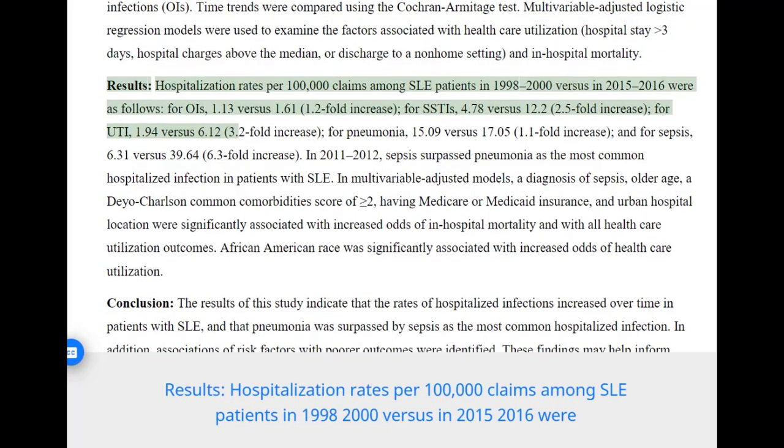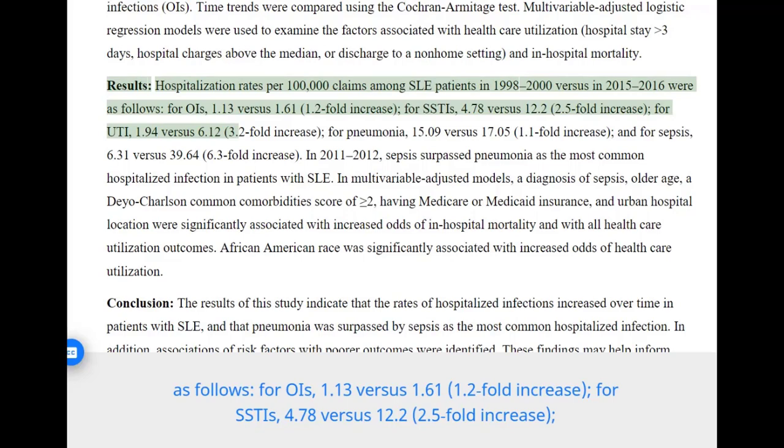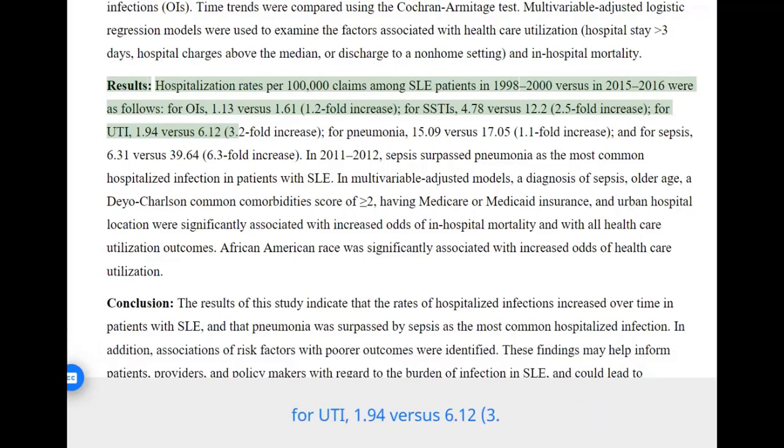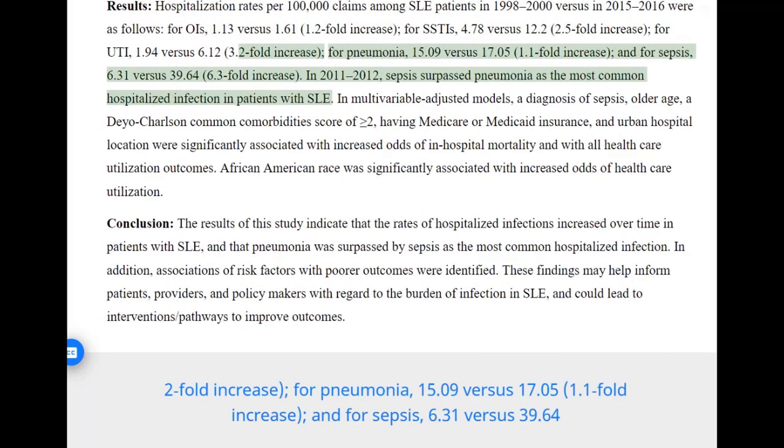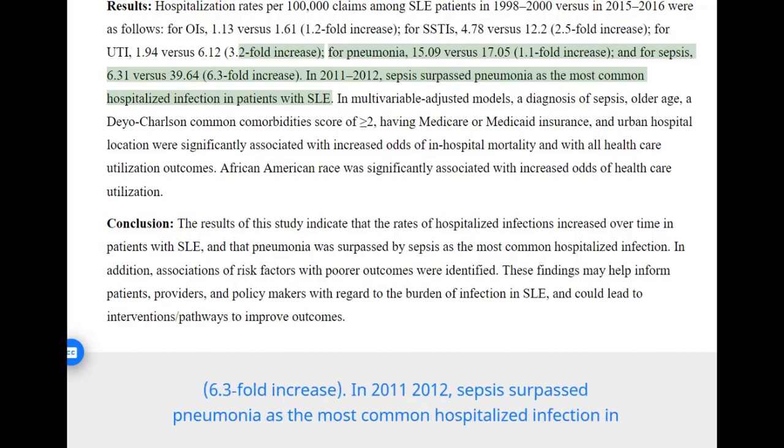Results: hospitalization rates per 100,000 claims among SLE patients in 1998-2000 versus in 2015-2016 were as follows: for OIs, 1.13 versus 1.61, 1.2-fold increase; for SSTIs, 4.78 versus 12.2, 2.5-fold increase; for UTI, 1.94 versus 6.12, 3.2-fold increase; for pneumonia, 15.09 versus 17.05, 1.1-fold increase; and for sepsis, 6.31 versus 39.64, 6.3-fold increase.